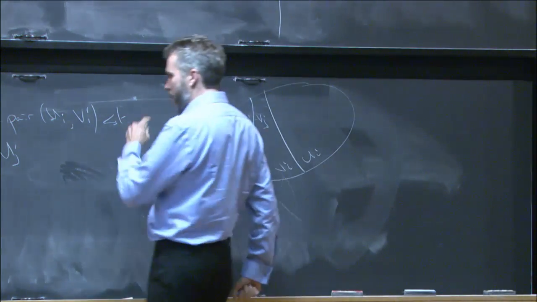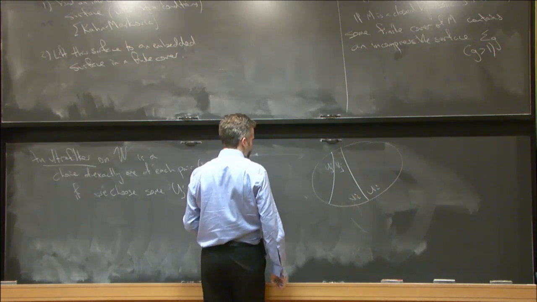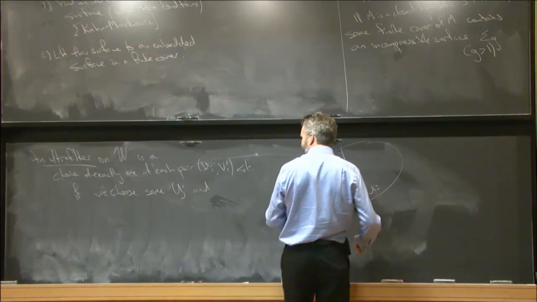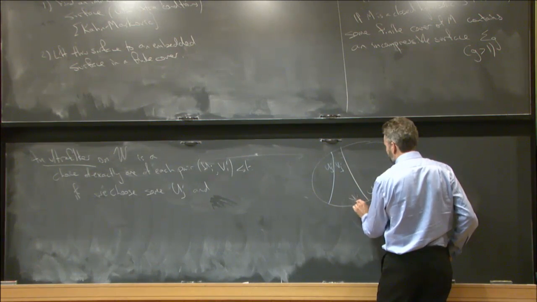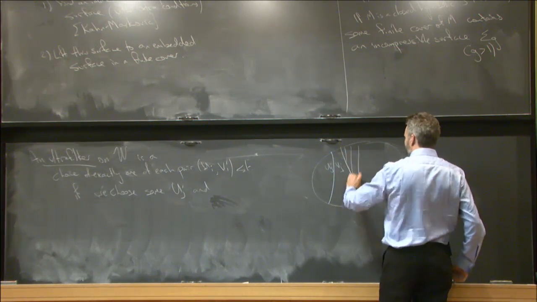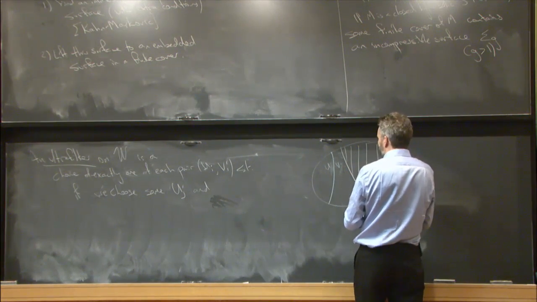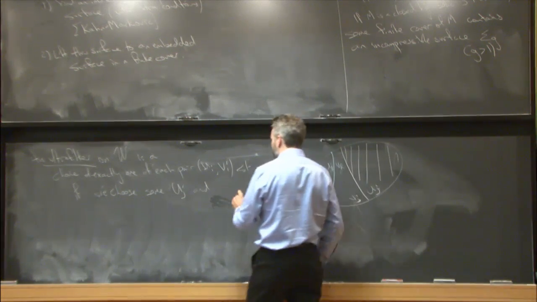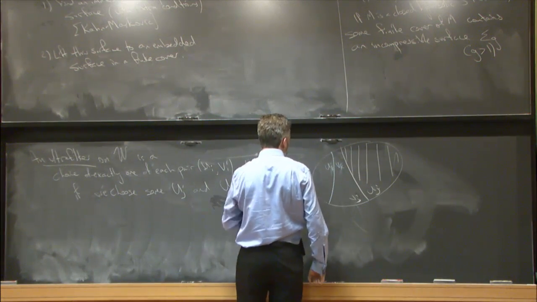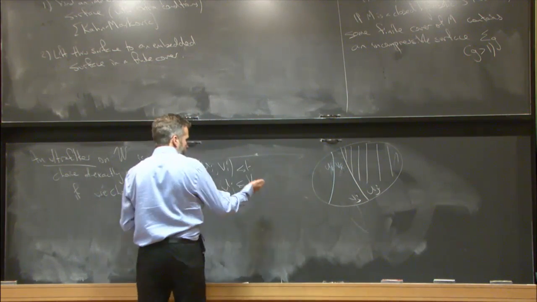So if we choose some U_j, and sorry, I got my notation and indices wrong. U_j is here, this is U_j V_j, and this is U_k V_k. And U_j is contained in, say, V_k, respectively U_k.